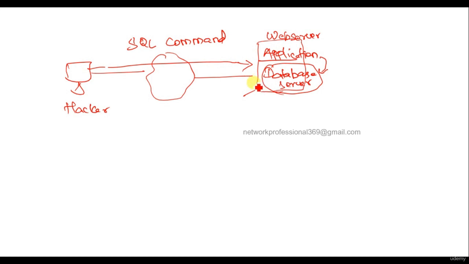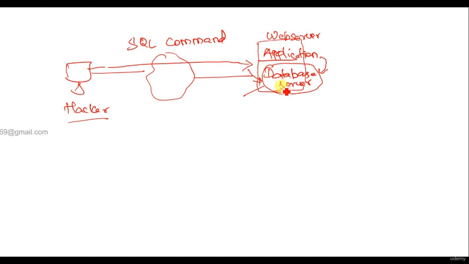Once he gets access to this particular database, he can view the entire database, but he's not authorized to do it. He may get access to all the sensitive information stored in the backend of this application, meaning in the database. If he wants, he can retrieve that information for his own use, misuse it, or change the content.